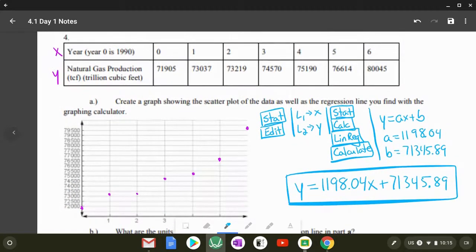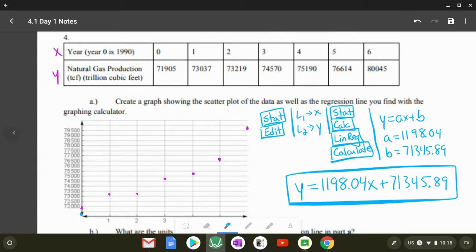So if we want to draw this line, we can be as specific as we possibly can. This would be our y-intercept, right? If we find that point on the graph, and we're going up approximately 1198, so that's up about 1,200.